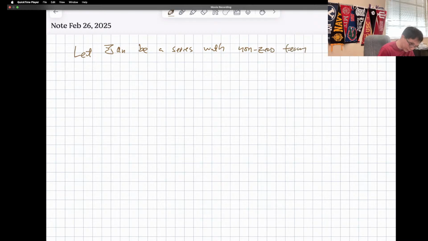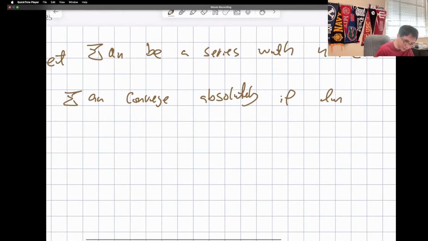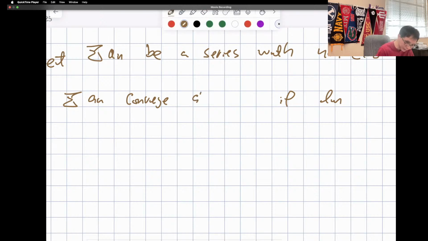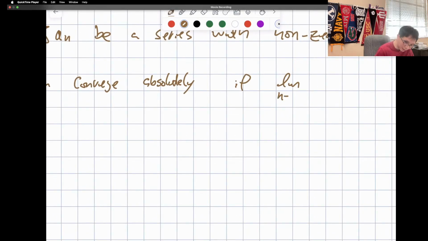Okay, so first, the summation of a sub n converges absolutely, not only conditionally, absolutely, if the limit as n approaches infinity of the absolute value of a sub n plus 1 over a sub n is less than 1.